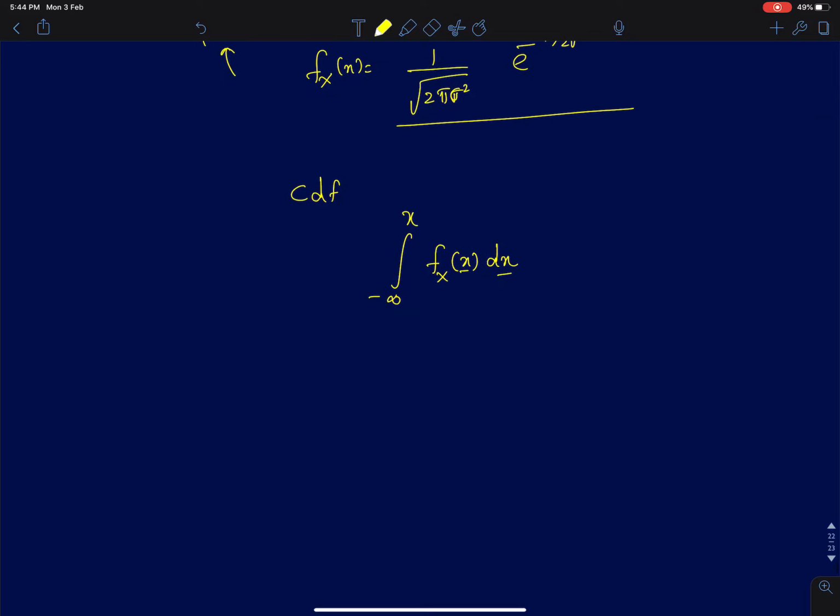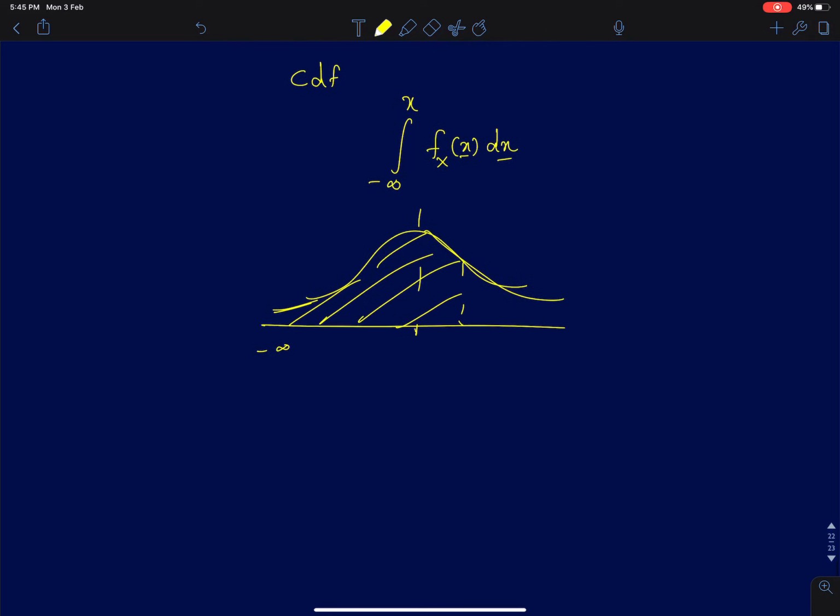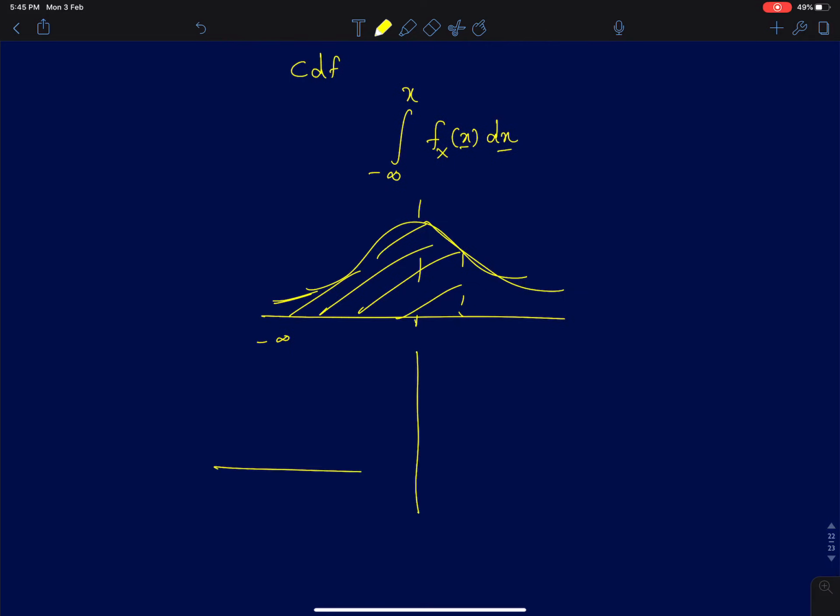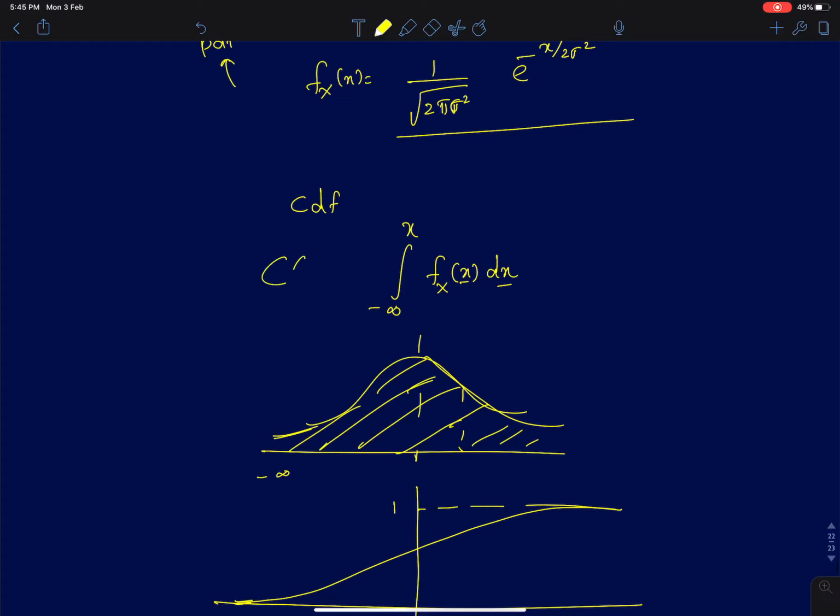So if you take a probability density function and integrate it from minus infinity to some value x, that's called the CDF. The cumulative distribution function is always positive because probabilities are always positive, and it will keep increasing from 0 and eventually reach 1, the final value. If I call it C of x, C of minus infinity will be 0 and C of infinity will be 1.